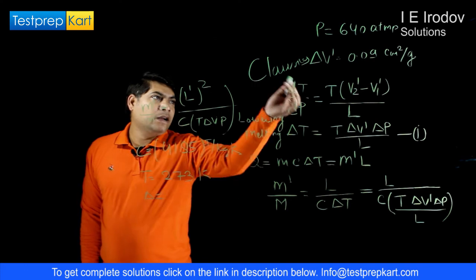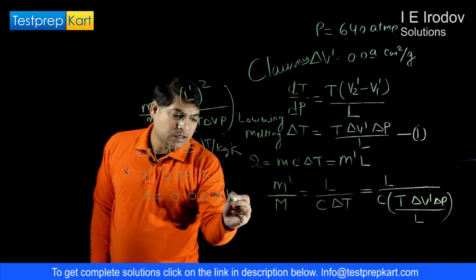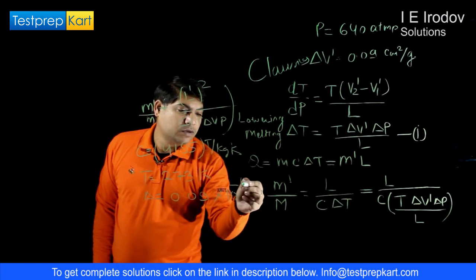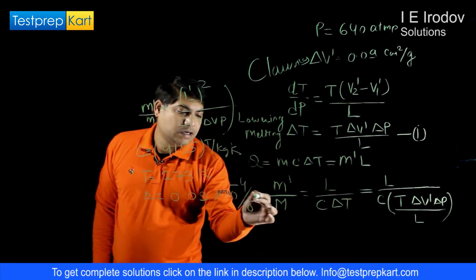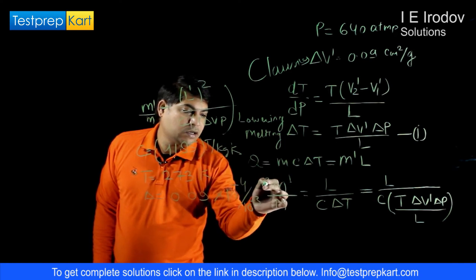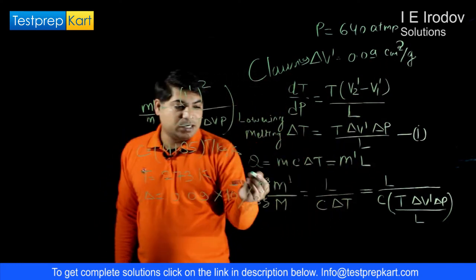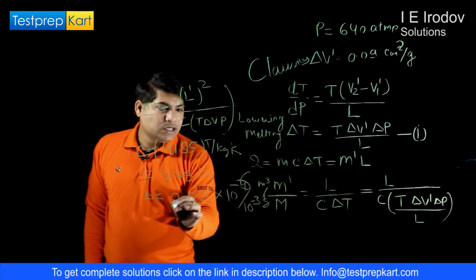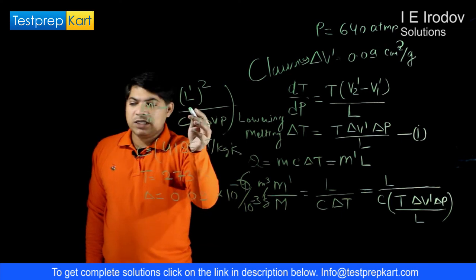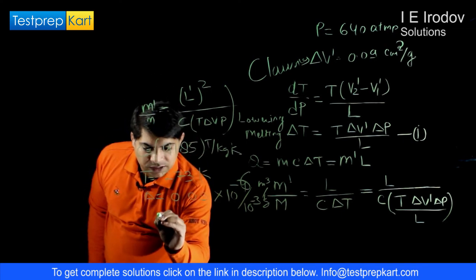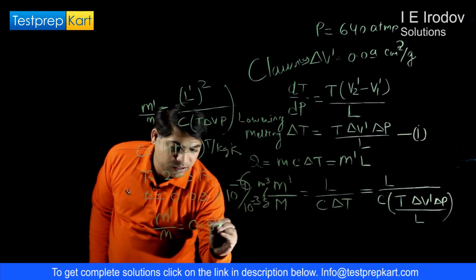Delta V is given here as 0.09, which we can convert to standard form, that is 10 to the power minus 4 meter cube per kg. This should be centimeter cube, not centimeter square. Pressure is 640 atmospheres, and L is 333 kilojoule per kg. If we substitute all these numeric values and calculate this ratio, we get 0.03.